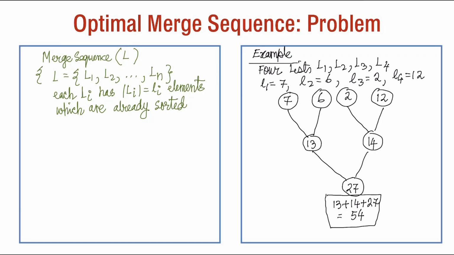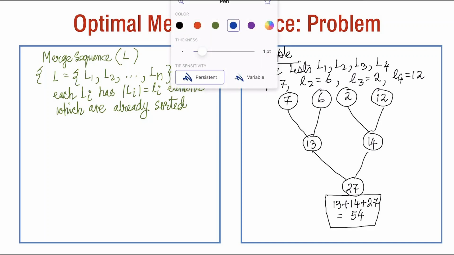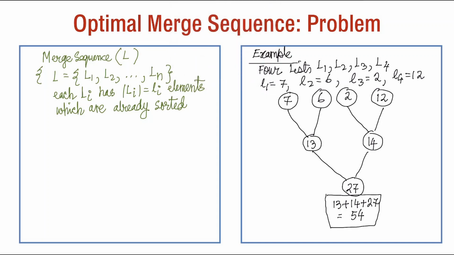Let us see some other mechanism. Let us first combine 6 and 2. We have 8 elements. Then let us combine 7 and these 8 elements. We have 15 elements.